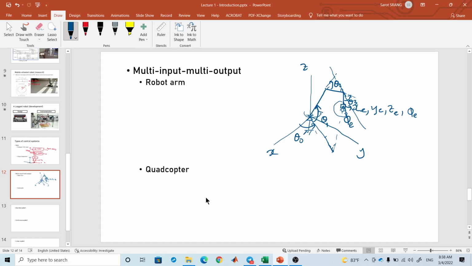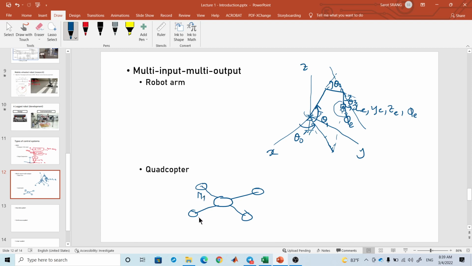How about a quadcopter? For a quadcopter like a drone, you have 4 propellers. Each propeller has one motor. Okay, one motor here.